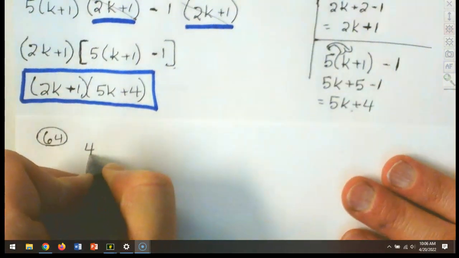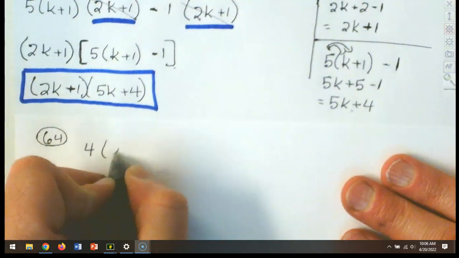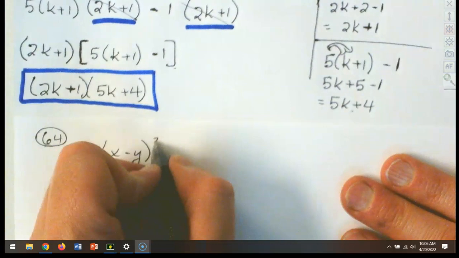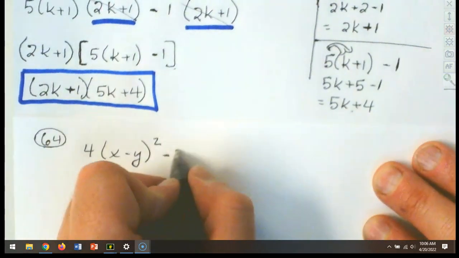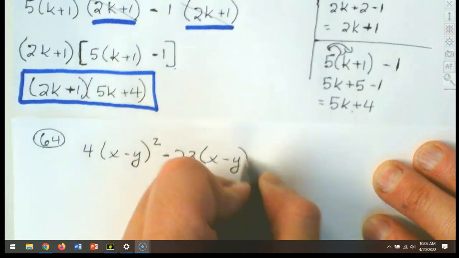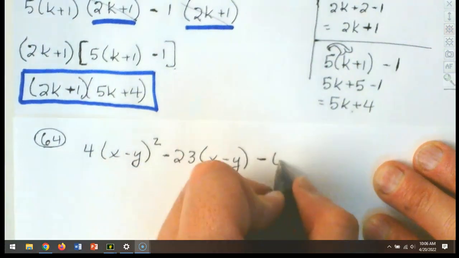Question 64 is 4 times (x minus y), quantity squared, minus 23 times (x minus y), and then a minus 6.